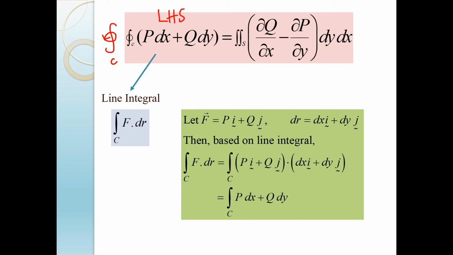Alright, so based on the line integral F dot dr, (Pi plus Qj) dot (dx i plus dy j), we obtain P dx plus Q dy. So obviously, this P dx plus Q dy is based on F dot dr. Alright, how about the other side?